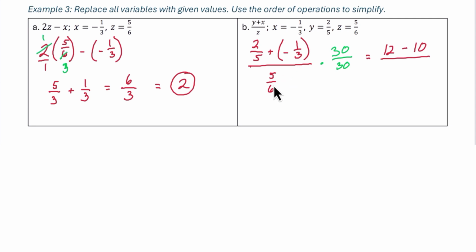And in the denominator, 5/6 times 30. 6 goes into 30 5 times. 5 times 5 is 25. Now looking at the numerator, 12 minus 10, we have 2 divided by 25.